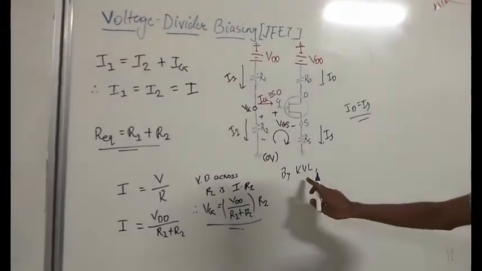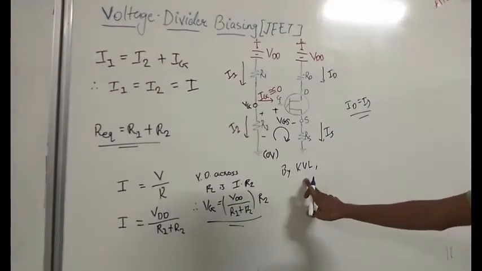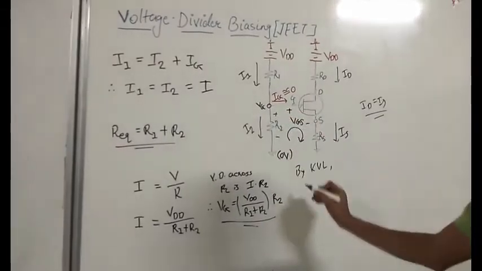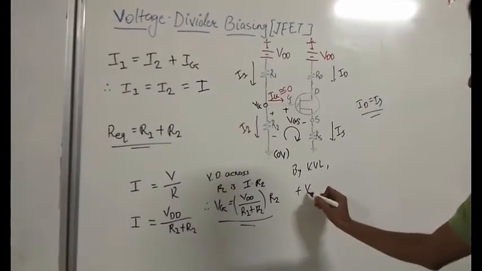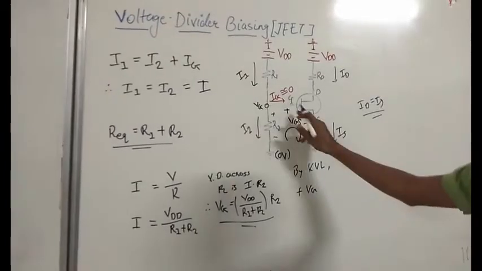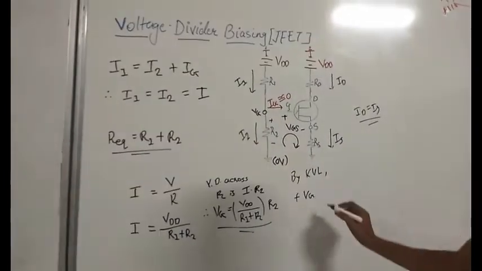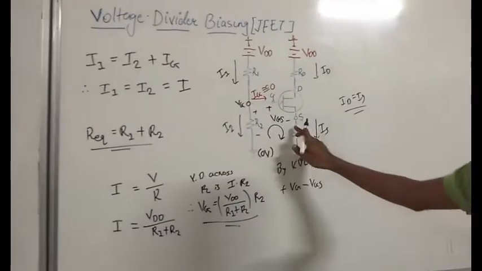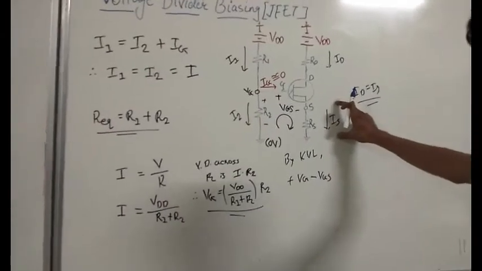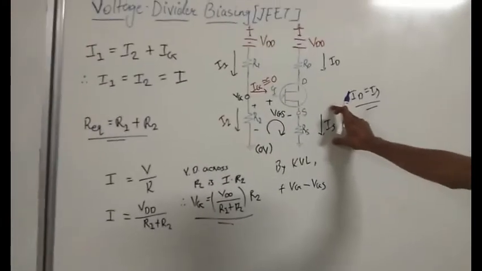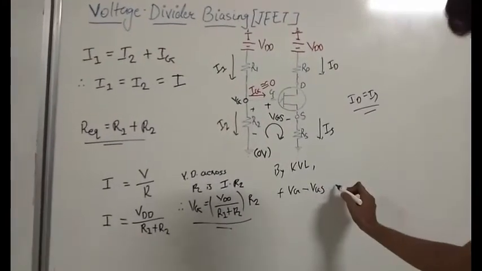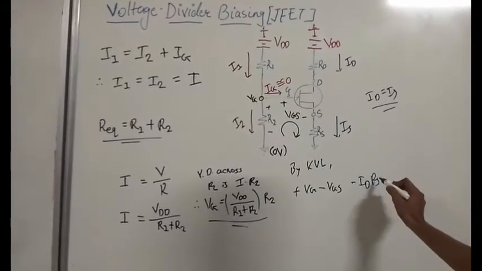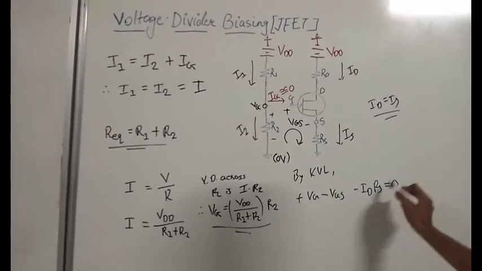So now for KVL I can write plus VG minus VGS, and the current here is ID, so minus ID RS is equal to 0.